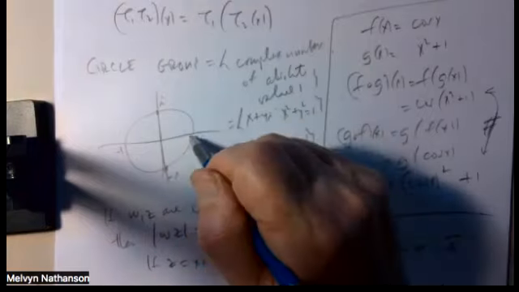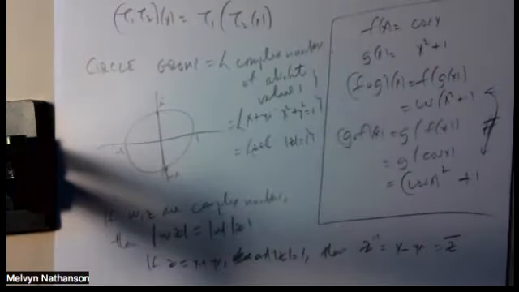And the product of these two is 1. So this set of complex numbers with absolute value 1 is another example of a group. It's an infinite group because the circle has infinitely many points on it, and it's abelian because when you multiply two complex numbers, w and z, it doesn't matter whether you write zw or wz, you always get the same thing.